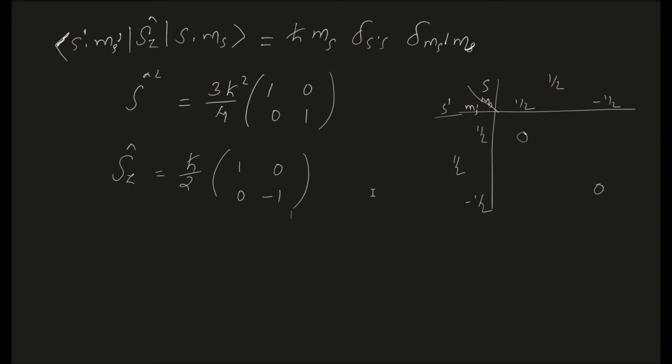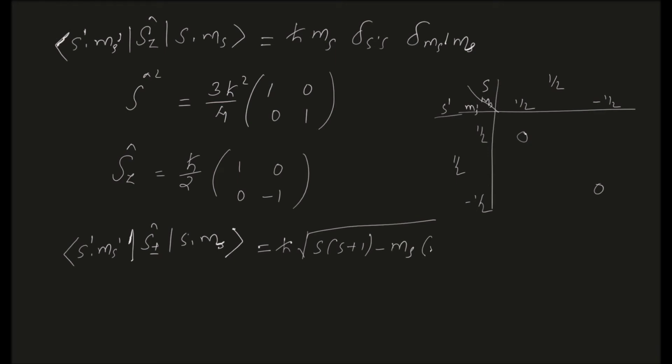So for S plus or S minus, the matrix elements ⟨S' Ms'|S±|S Ms⟩ are equal to ħ into the square root of S into S plus 1 minus Ms into Ms plus or minus 1, then δ_S'S, then δ_Ms', Ms plus or minus 1.